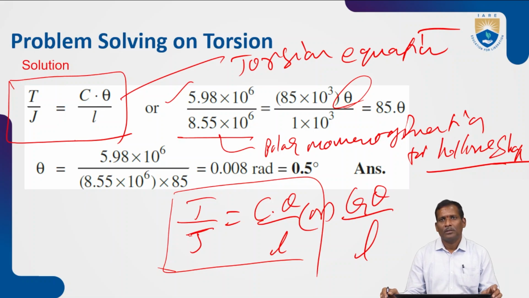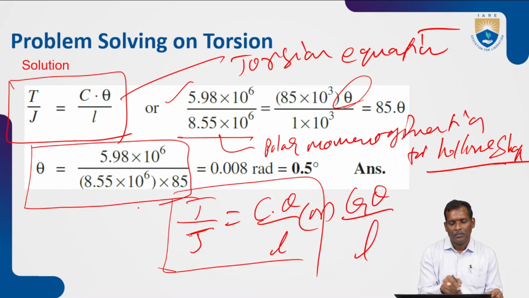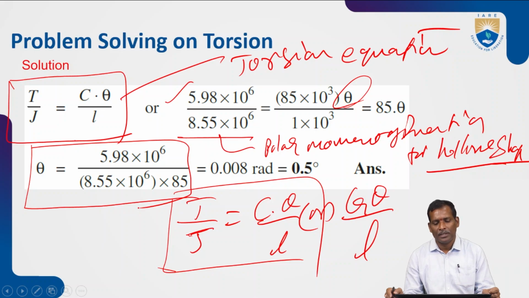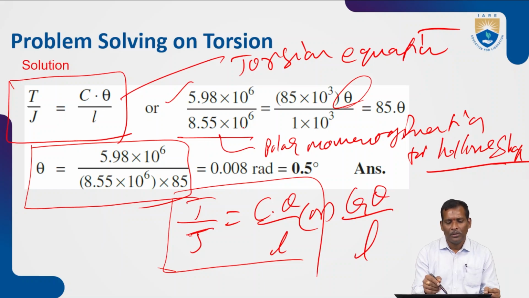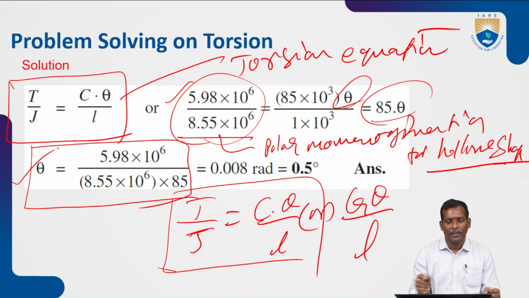So now the obtained value, theta is equal to 5.98 into 10 to the power 6 by 8.55 into 10 to the power 6 into 85. So first calculate this value, then equate to 85 theta. So now we'll get the theta value, that is 0.008 radians.